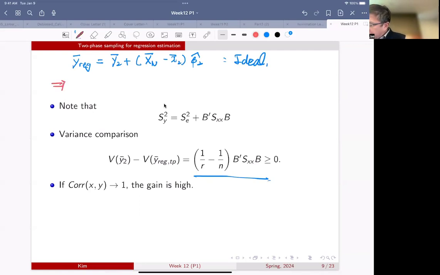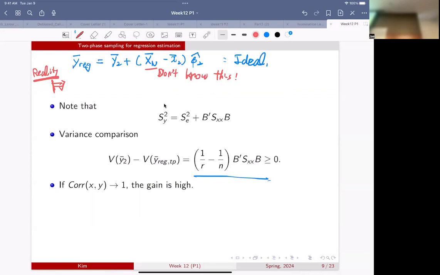But in reality, we don't know. Right? You don't know this. So you cannot really leverage. You cannot use the population total of X as an external control. You cannot do that because you don't know it.